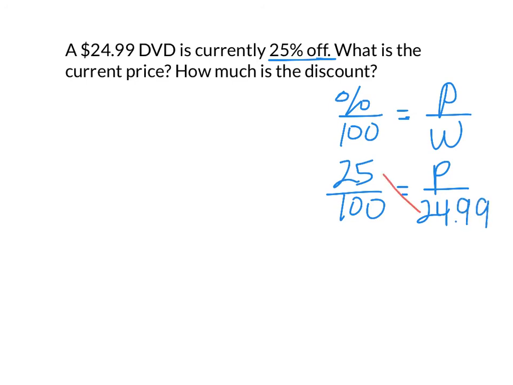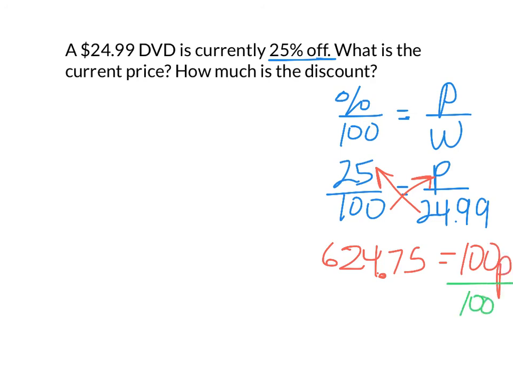Again, I cross multiply, and I get 624.75 equals 100p, and then I divide both sides by 100, and that would be $6.25 if I round correctly. So that's the discount.